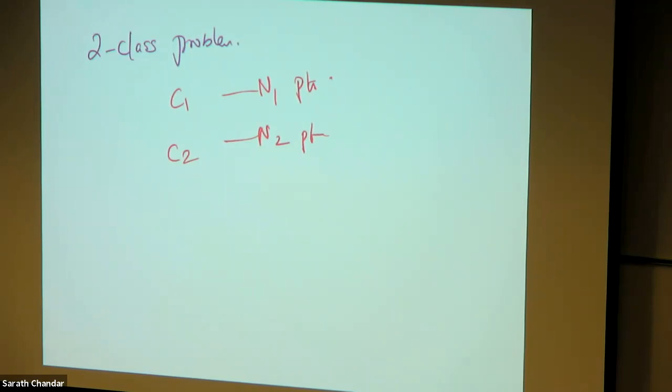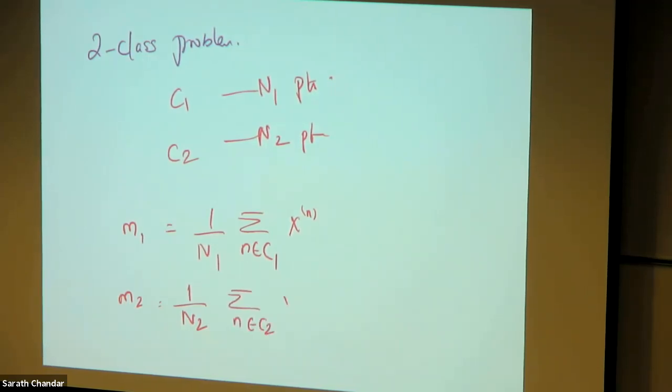Let M1 be the mean for class 1. It is defined as 1 over n1 summation over n belonging to class 1 of x_n. I take a bunch of x's which are all from class 1 and compute the sample average, that is my mean M1. Similarly, M2 is 1 over n2 summation over n belonging to C2 of x_n.